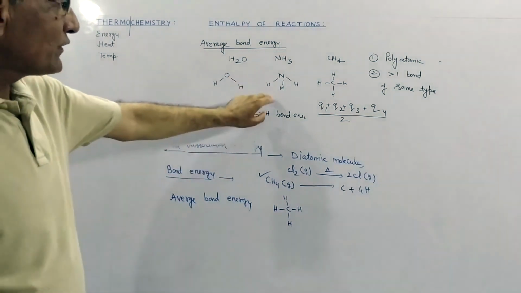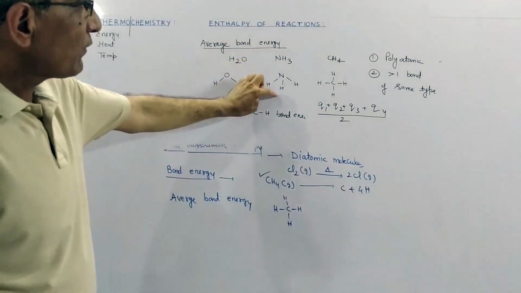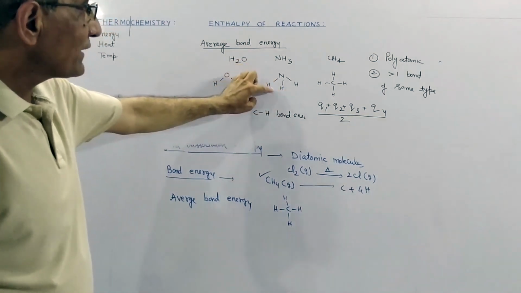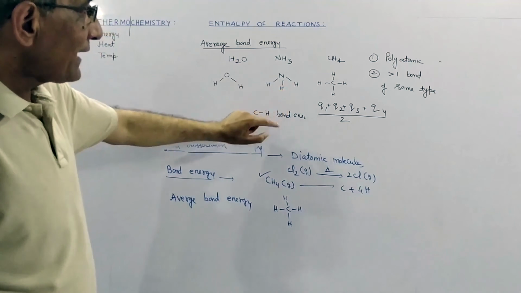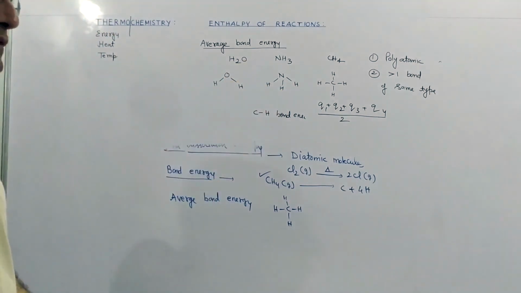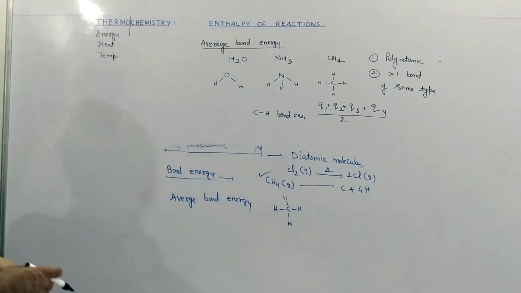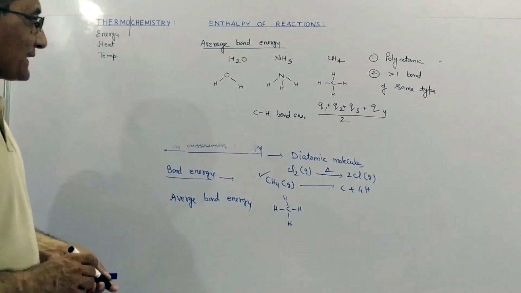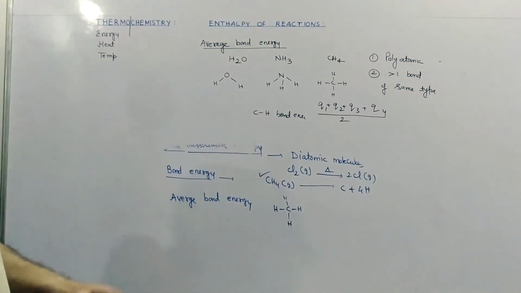Similarly, in case of ammonia, we have 3 NH bonds. If the energies are Q1, Q2, Q3, then the average bond energy of NH will be (Q1 plus Q2 plus Q3) divided by 3. I hope now you are able to differentiate between enthalpy of atomization, bond dissociation enthalpy, bond energy, and average bond energy.